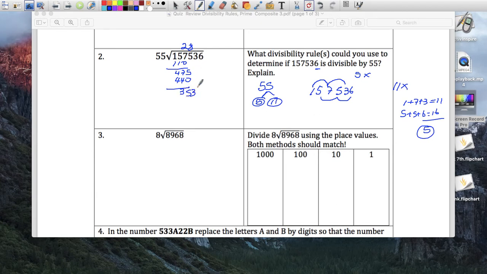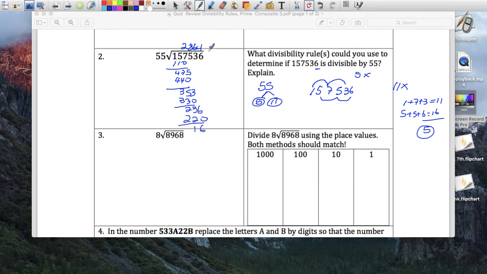Bring the 3 down, and 7 might be too much, so definitely a 6. 330. And I'm going to get a 23 left over and bring the 6 down. That looks like maybe a 4. And that's going to be 220. And I think I'm right. So 220 and 16 left over.